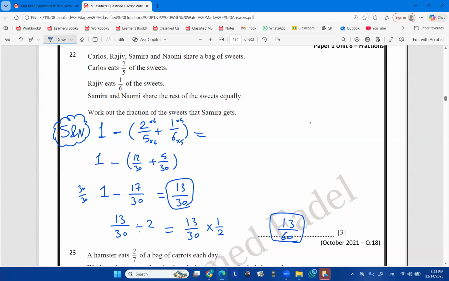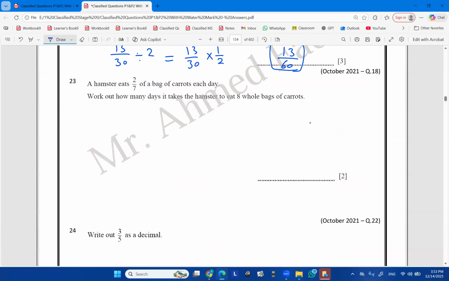All right, let's continue. A hamster eats 2/7 of a bag of carrots each day. Work out how many days it takes the hamster to eat 8 whole bags of carrots.